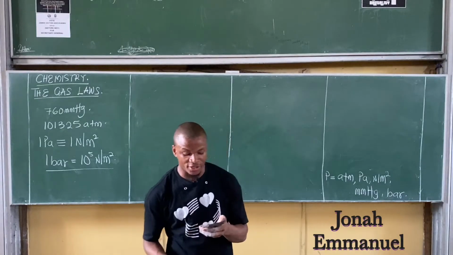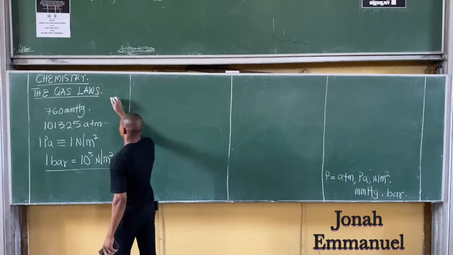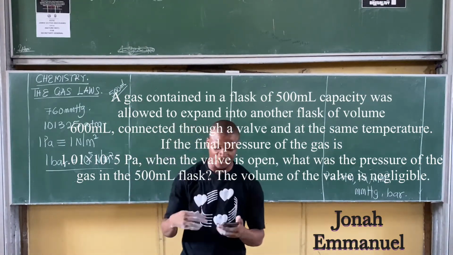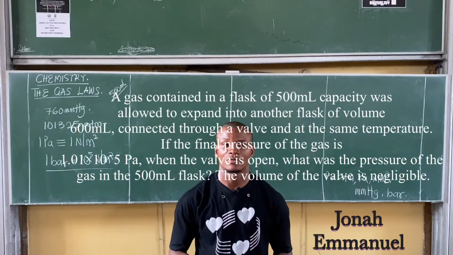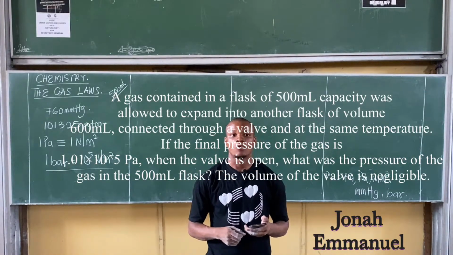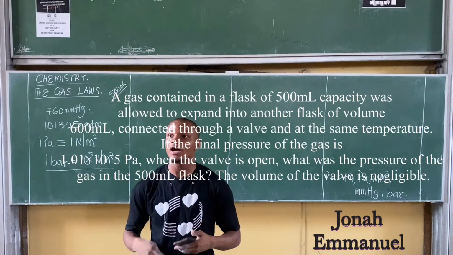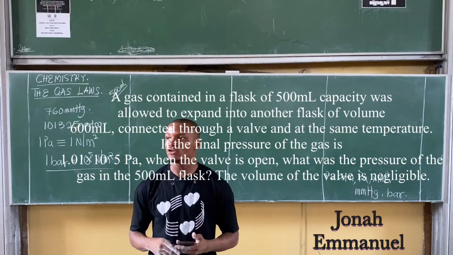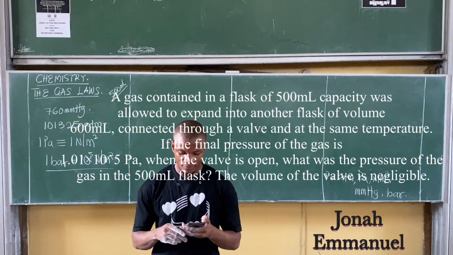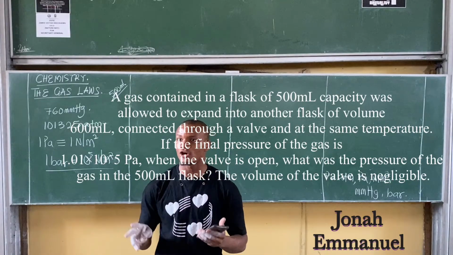Example. A gas contained in a flask of 500 milliliter capacity was allowed to expand into another flask of volume.